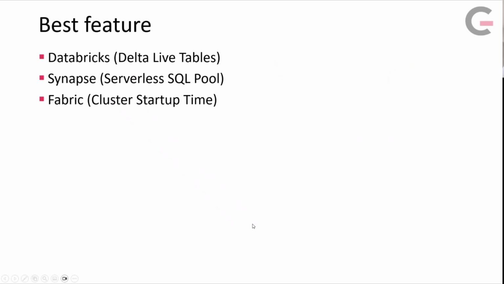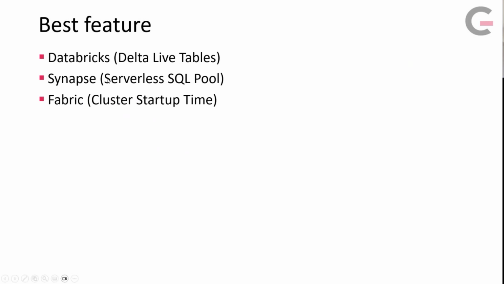I've announced a best feature for each of the data platforms, and I personally really like the Delta Live Tables in Databricks because it's a super easy way to get fast new data, and it's quite cheap to execute all this SQL stuff. It's not so nice to maintain, to be honest, but it gives you at least fast access to the source data.